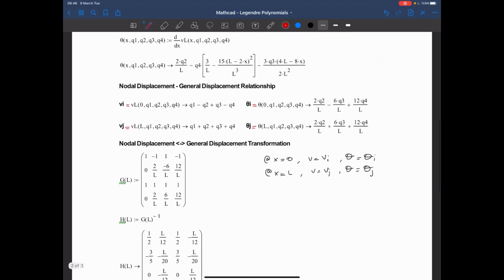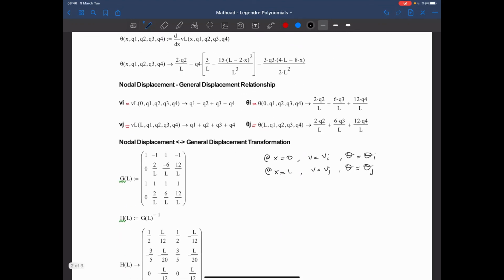And then remember that we have written the following. U is equal to G times Q, or in matrix form, I can just write this one: Vi, theta i, Vj, and theta j is equal to this transformation matrix multiplied by Q1, Q2, Q3, and Q4.